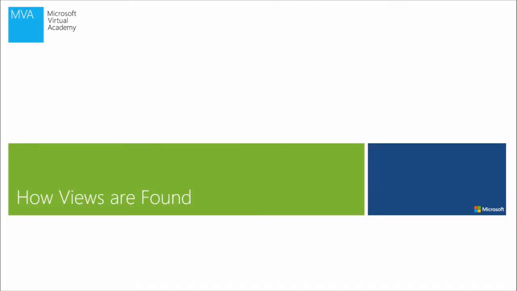We'll then see what all those little @ signs mean with our Razor syntax. We're going to take a look at the HTML helper and how it will, cleverly enough, help you write HTML. And then we'll close it all off taking a look at layouts. But let's start off by talking about how our views are found.